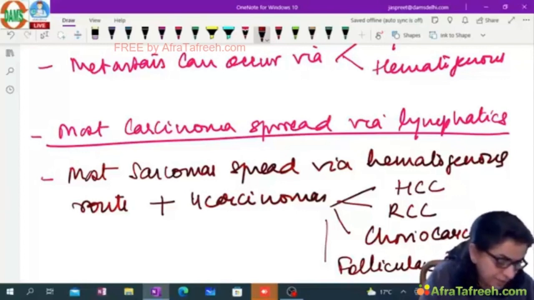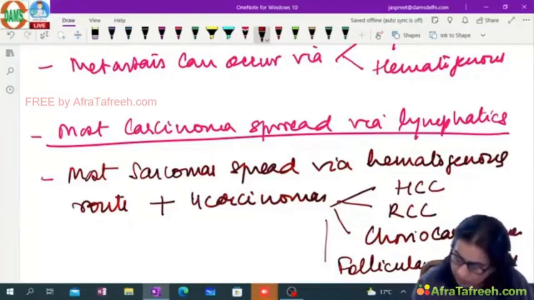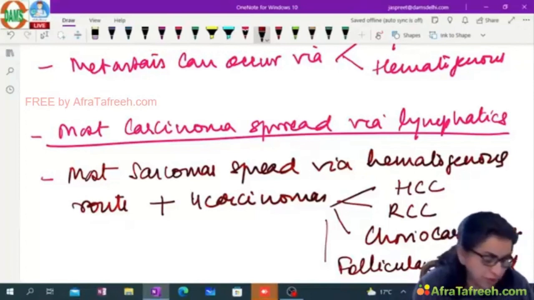Now, whether they spread via lymphatics or the hematogenous route, where will they go?